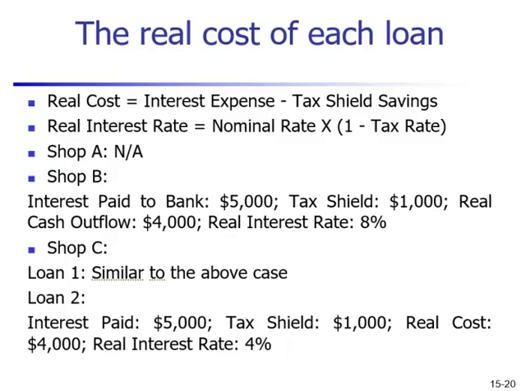So here, because we are working on loan 2 now, the amount of interest paid is 5,000, so tax shield is 1,000, and real cost is 4,000, and 4,000 over 100,000, that is the total amount of loan, gives us 4%.